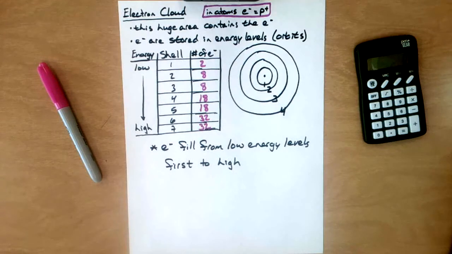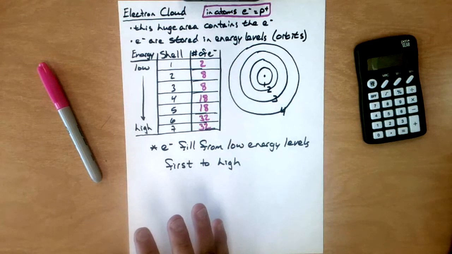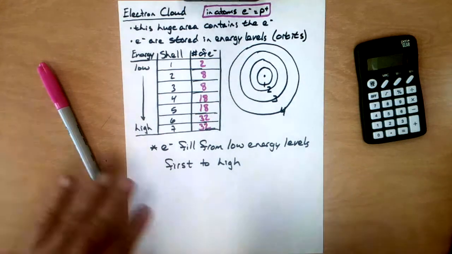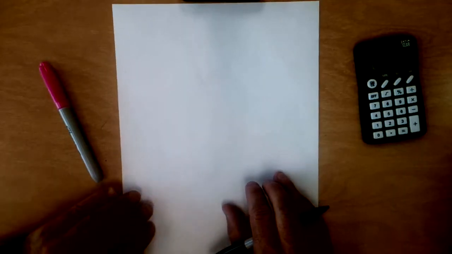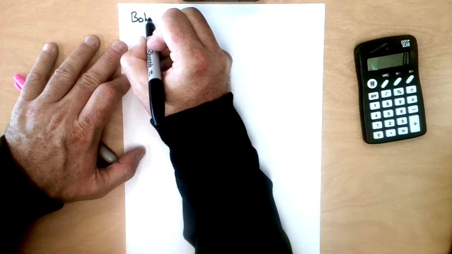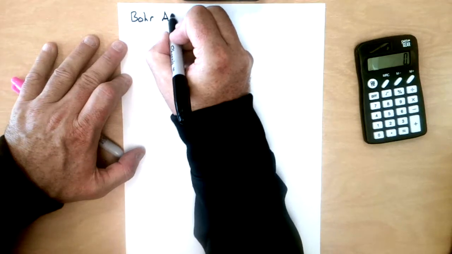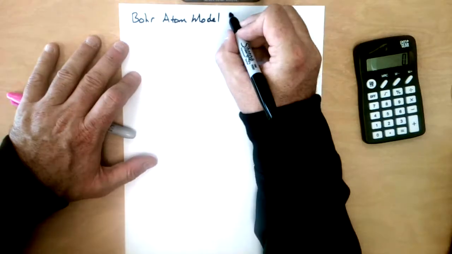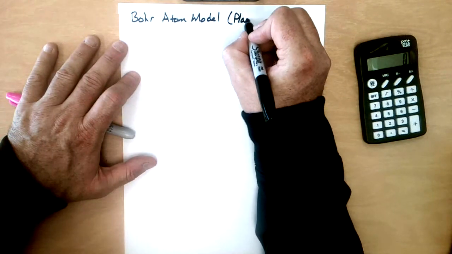All right, so now that we know how many electrons belong in each energy level, let's do some examples, trying to figure out how that works when talking about specific atoms. So to do that, we're going to use what's called the Bohr, for Niels Bohr, atom model, sometimes known as the planetary model.